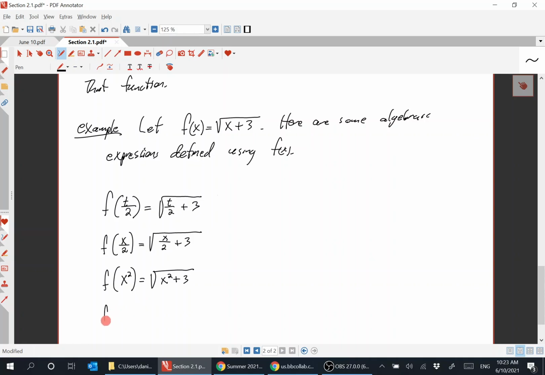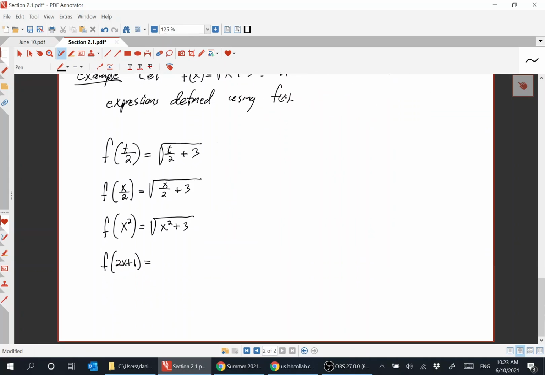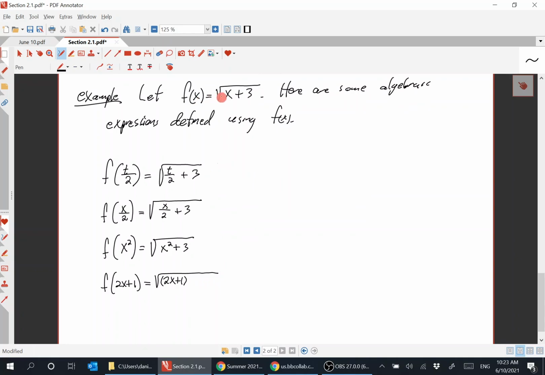How about this? f of 2x plus 1. You replace x with whatever is inside the parentheses here.